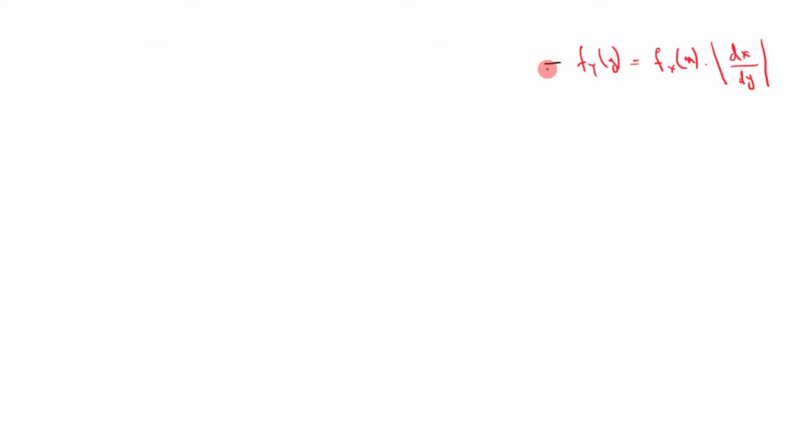Now let us see an application of this transformation. Let's suppose you have a transformation y is equal to t of x, which is equal to ax plus b. Here a and b are constants, and let's suppose your input random variable is a Gaussian random variable with mean eta x and standard deviation sigma x.